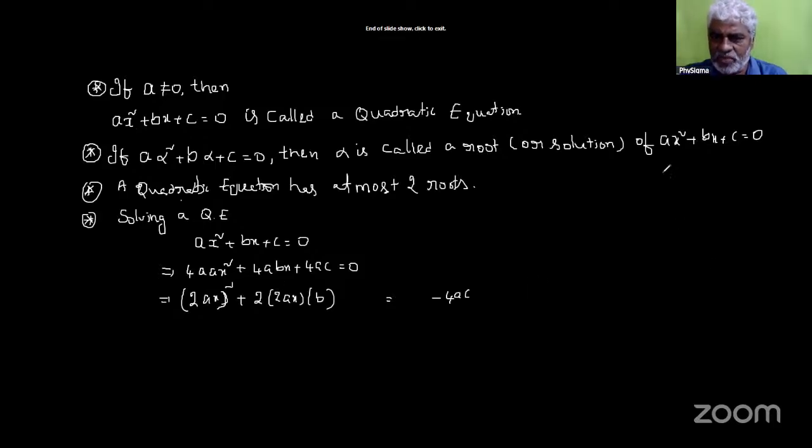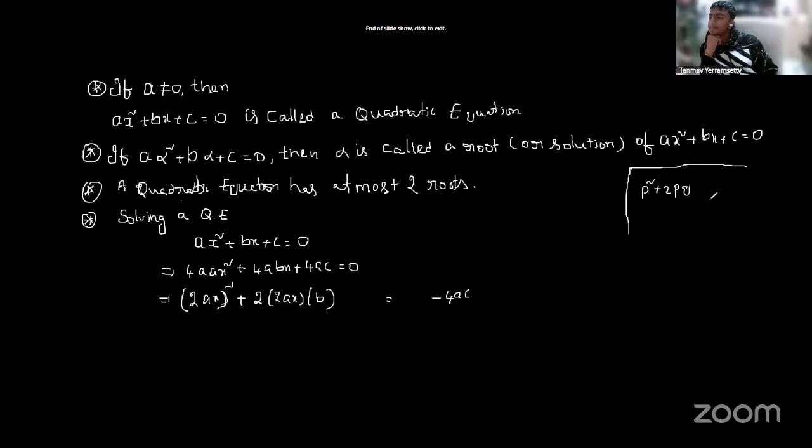What is the a plus b whole square formula? a plus b whole square is a square plus 2ab plus b square. Or if we write the p plus q whole square formula, see if we have p square plus 2pq, is it completed or incompleted?